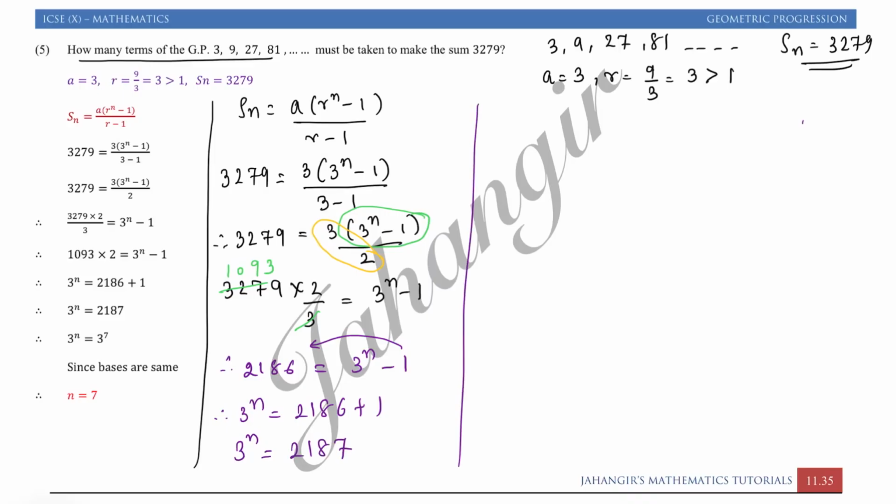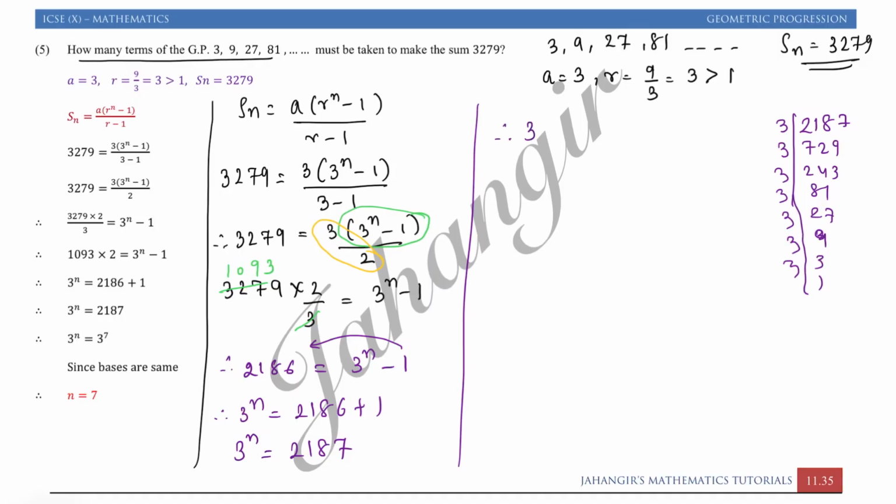Now we have to find the prime factorization of 2187 whose base is 3. So it will go with 3. 3 7s are 21, 3 2s are 6, 3 3s are 9, 3 4s are 12, 3 81, 3 27, 3 9s, 3 3s, 3 1s. So this is 3 raised to 7.